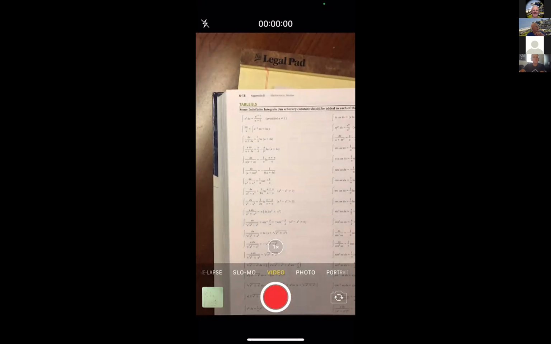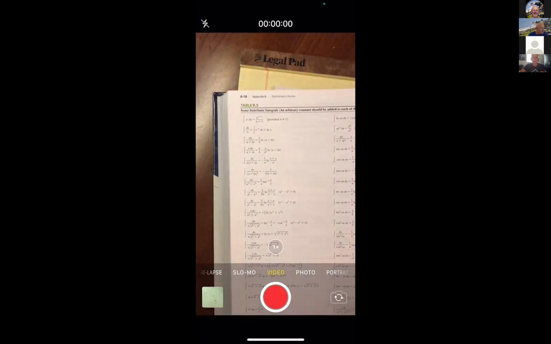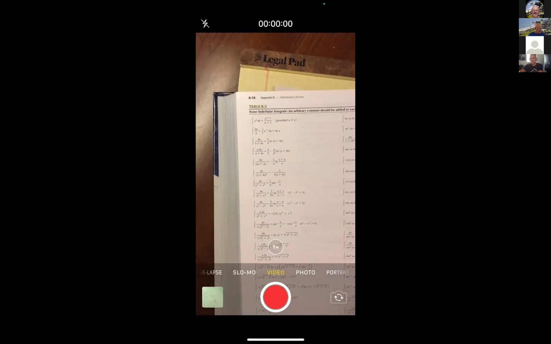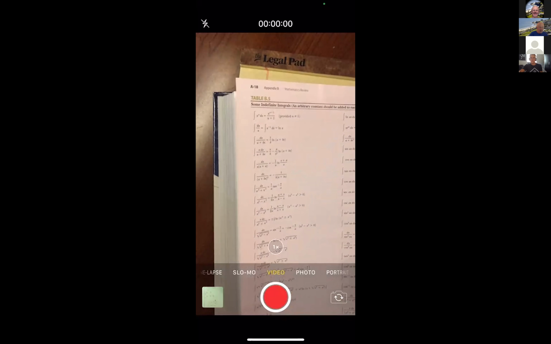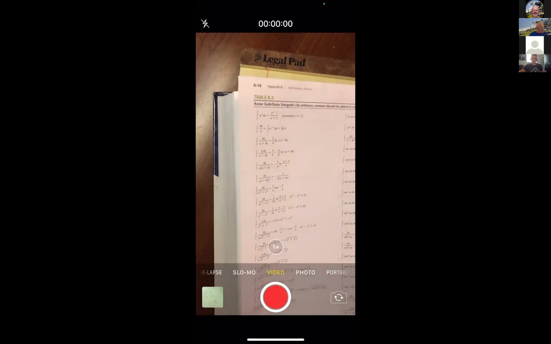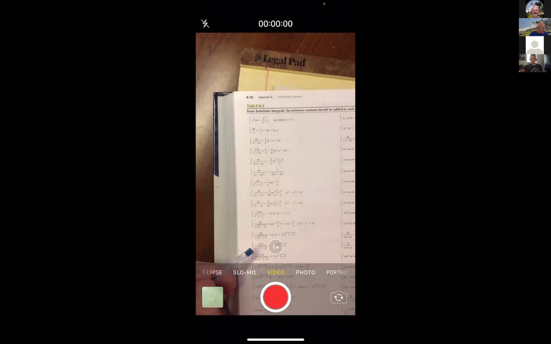Now that I've done this, though, I don't see this one in here. This is a table that has quite a few common ones, but I would expect it to be right about here.